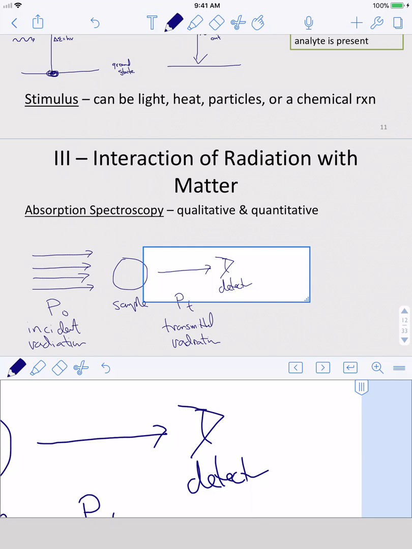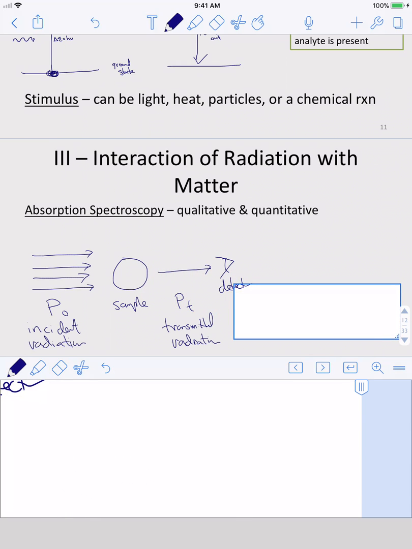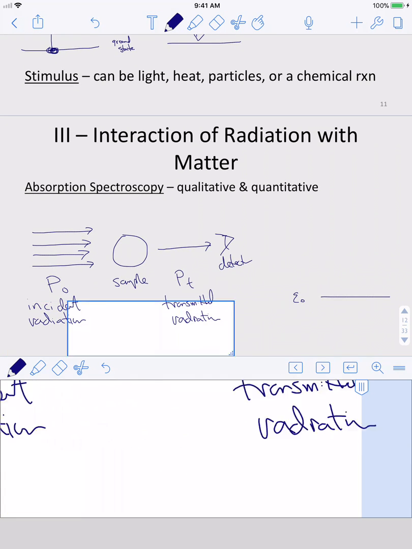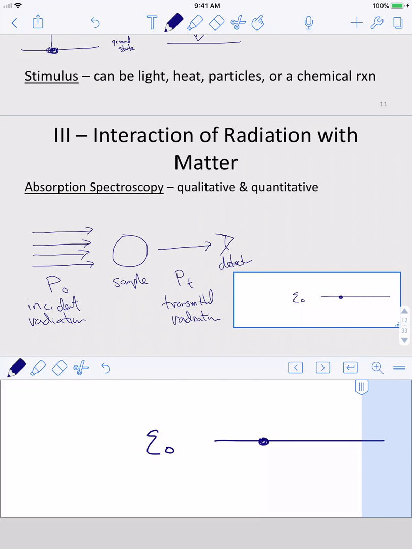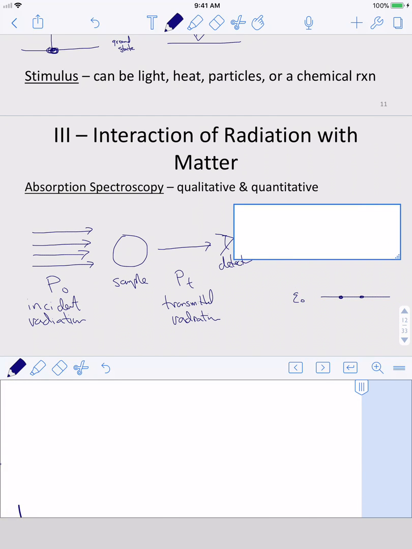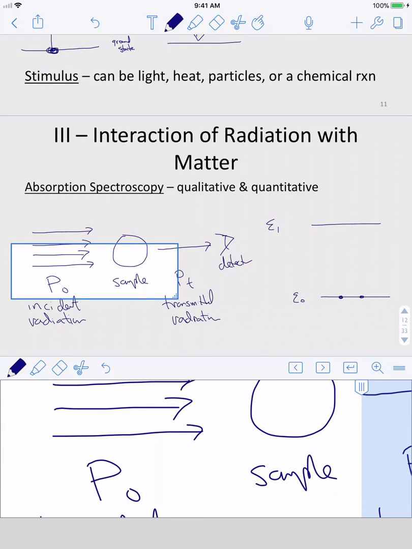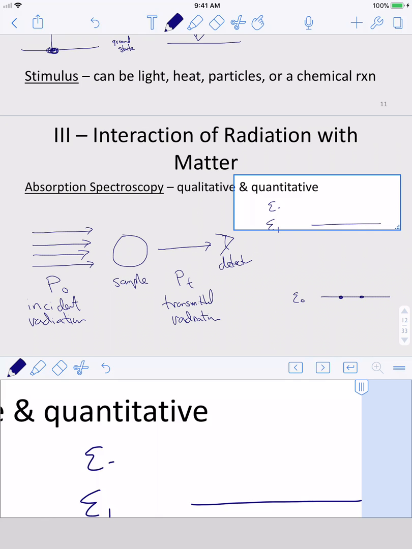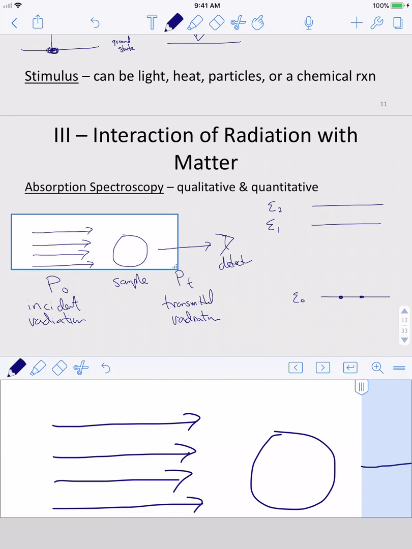And so here, what's happening in an electronic view is we have some ground state we're going to call E sub 0, and maybe we have some electrons in the ground state here, and then we have some excited states up here which we're going to call E1, and we're going to call E2 for a second excited state.